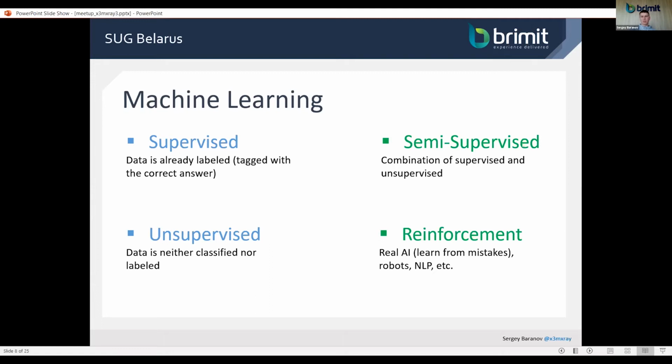It is just a combination of supervised and unsupervised machine learning. It means, for example, that some of your data have a label and the rest of your data don't. And the last one is reinforcement learning. It's deep learning like neural networks, NLP, artificial intelligence, etc.